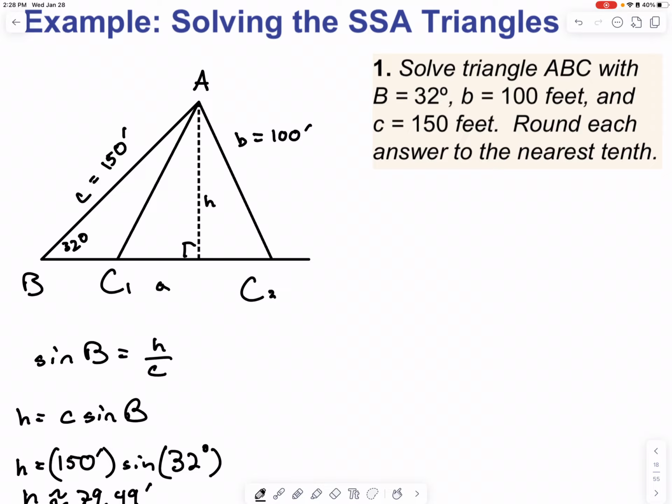So let's start off with C, that's B, and there's 100. Let's start off with triangle BC1A. Okay, let's work here, triangle BC1A.